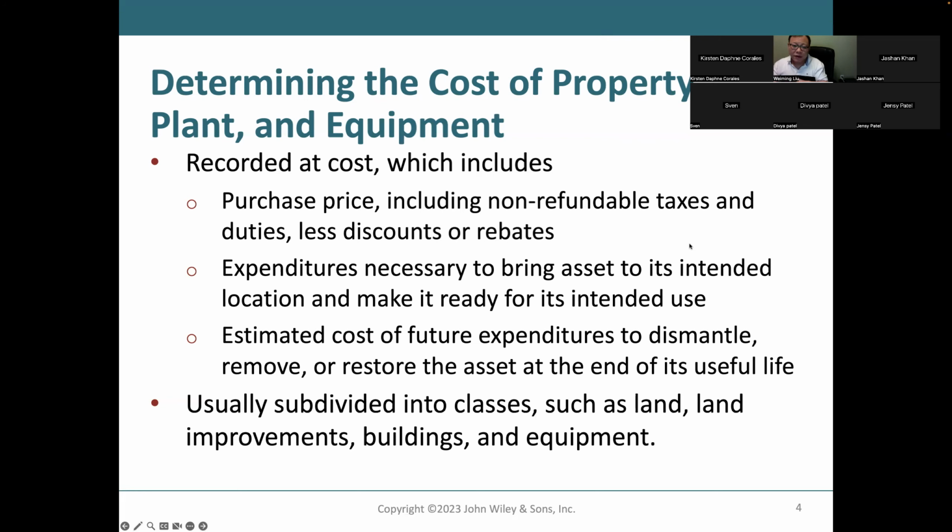There will be additional costs, the shipping cost. You need to deliver that product into the classroom, and then the installation cost, right? Someone has to mount it to the ceiling. So you can see that the cost of that asset, PPE, is not just the purchasing cost, okay? There'll be additional expenses to bring the asset to its location and make it ready for the intended use.